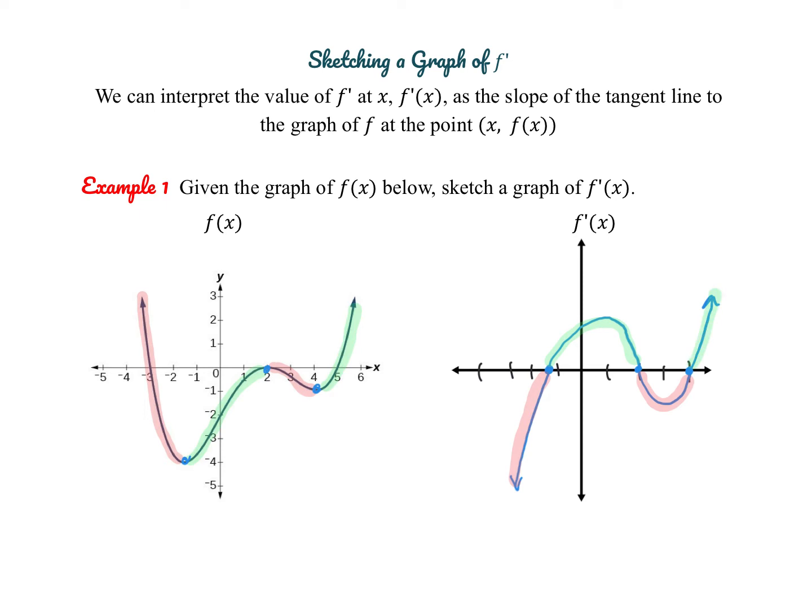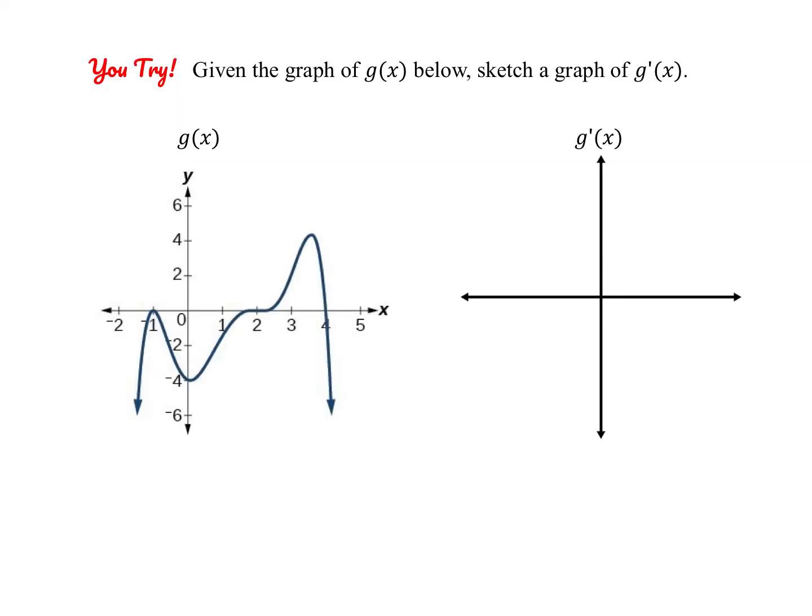So remember, to graph the derivative, we are looking at what the slope of our original function is. So just look for those turning points and then ask yourself, is my slope positive or is my slope negative? Is my graph decreasing or is my graph increasing?